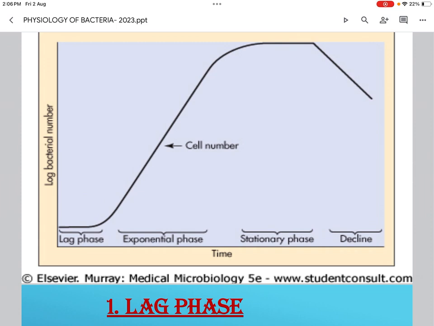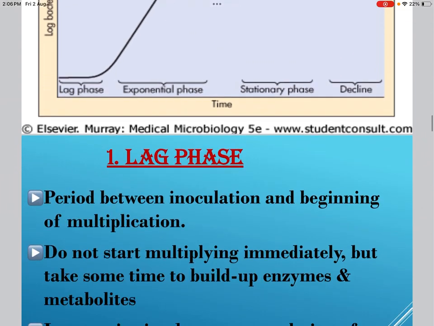So how did we get the bacterial growth curve? We take time and the number of cells formed in that particular time, and that is plotted as a curve. That is divided into 4 stages: lag phase, log phase, stationary phase and decline phase.